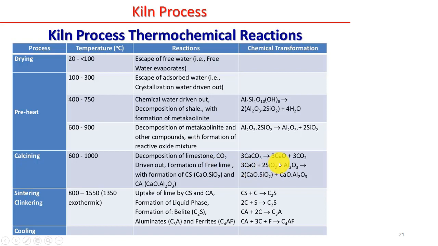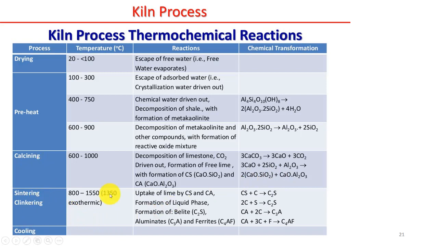On the other hand, the calcium from the limestone and the silica and alumina that came from the decomposition of metakaolin react to form silicates, which are dicalcium silicates and tricalcium silicates, and aluminates.